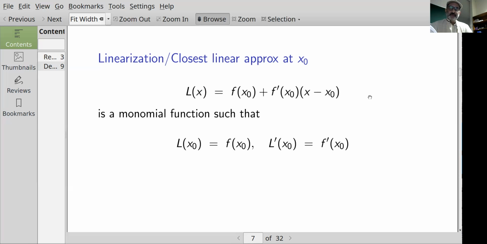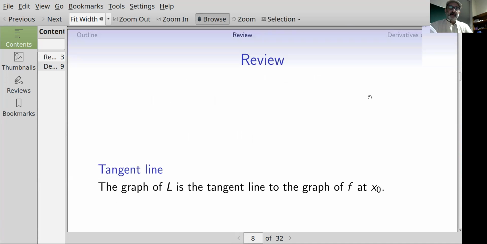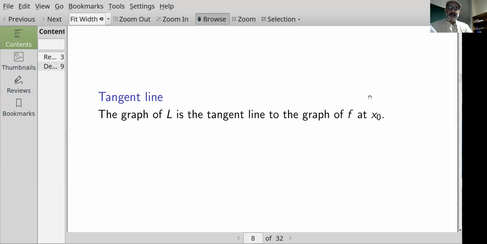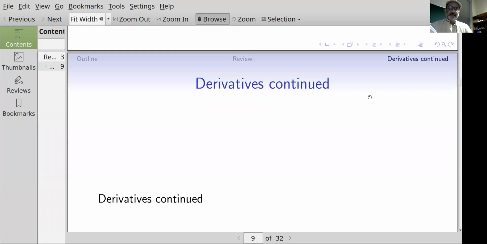This is a monomial function such that the linearization agrees with f at x naught, and the derivative at x naught of the monomial function agrees with the derivative of f at x naught. And the graph of the linearization of f at x naught is called the tangent line to the graph of f at x naught.